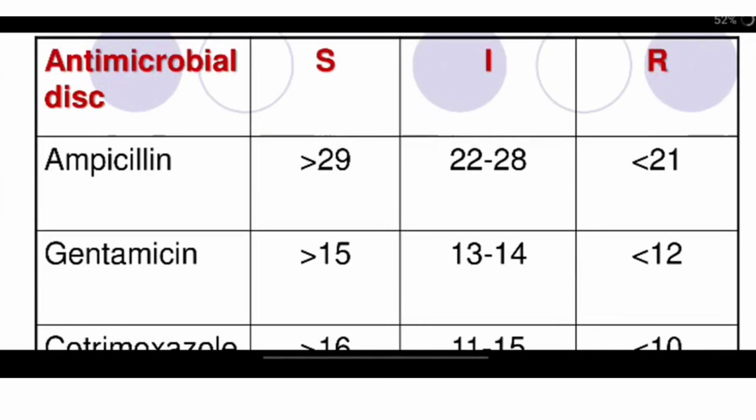So here is a short interpretation chart by which we check. Here it is ampicillin. For ampicillin, for example, E. coli, for sensitive it should be more than 29.